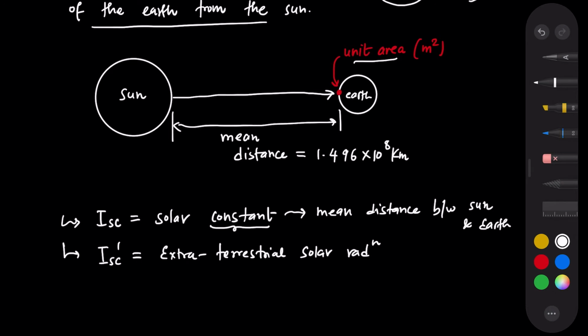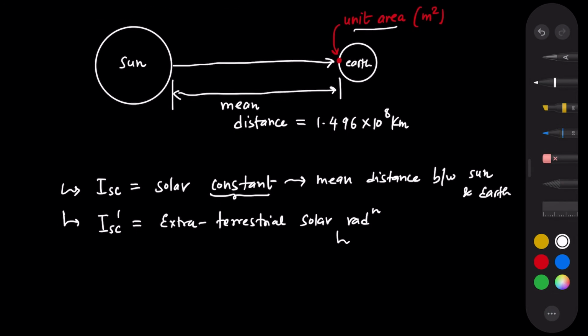But extraterrestrial solar radiation is calculated on the basis of the distance between the sun and earth, and we know that this distance is not constant.